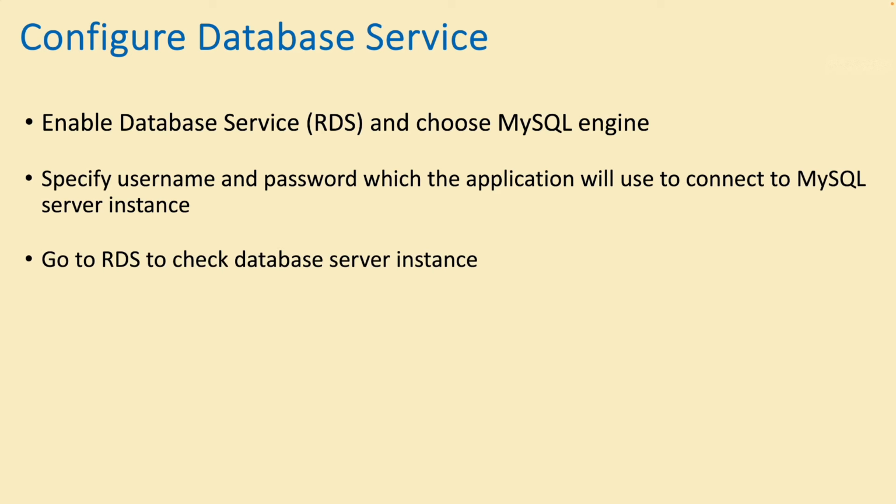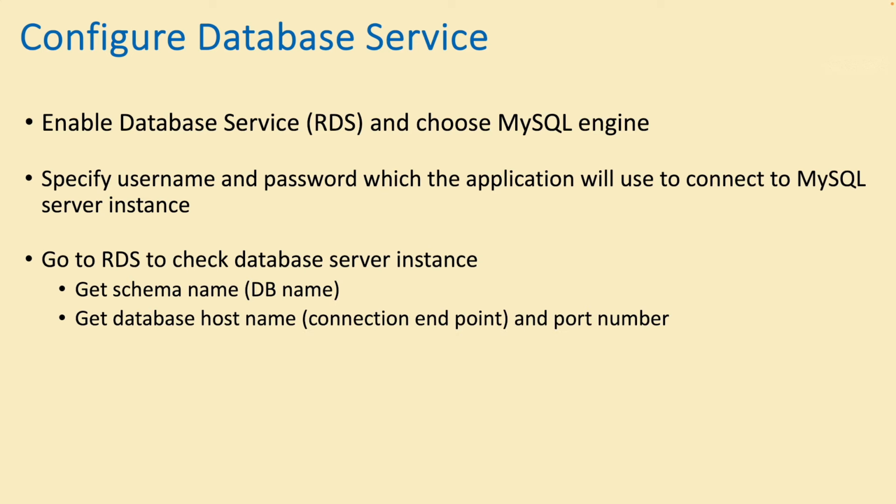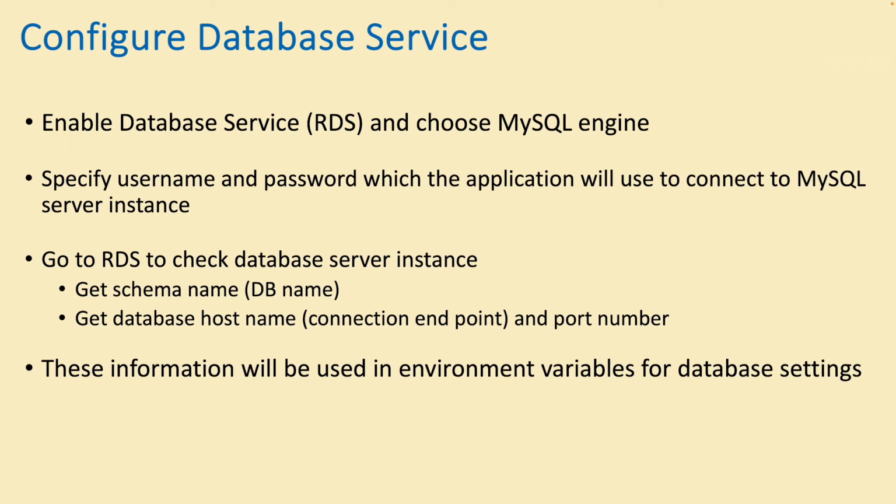And after the first deployment attempt, we go to the RDS service to check the database server instance to get the schema name or DB name, and get the database host name, connection endpoint, and port number. This information will be used in environment variables for database settings for the data source connection information.